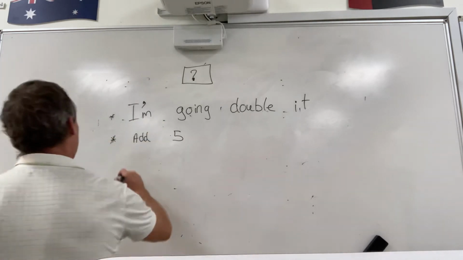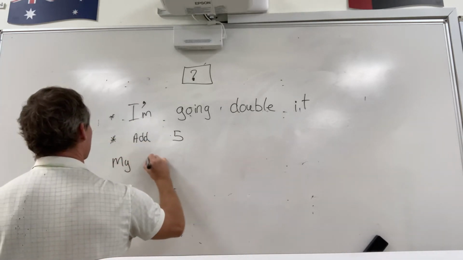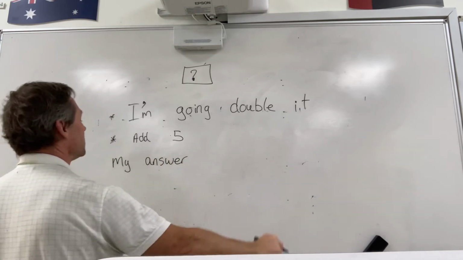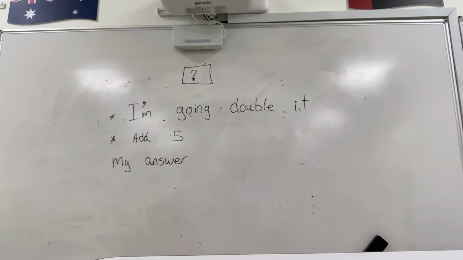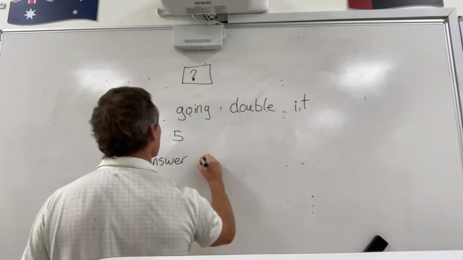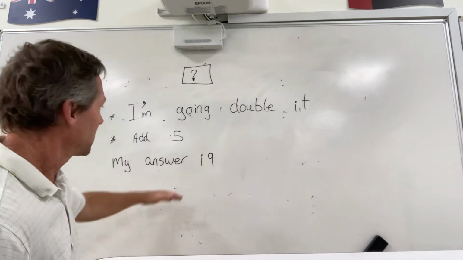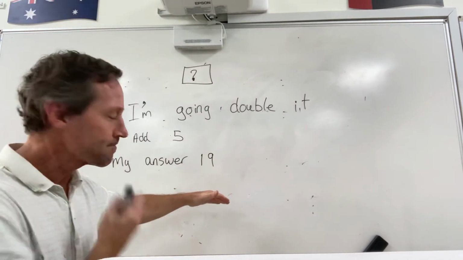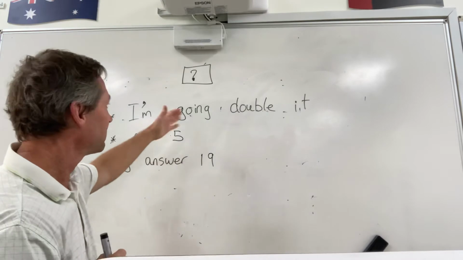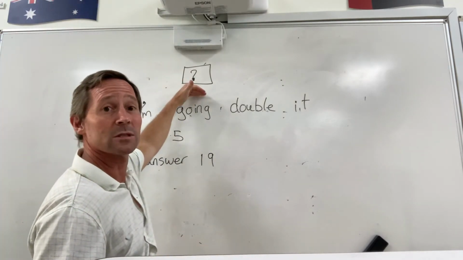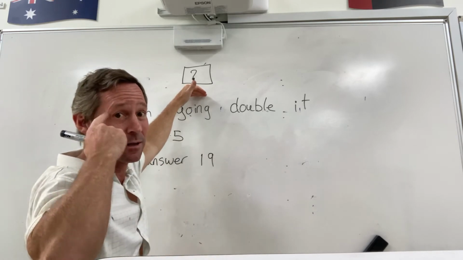And my answer is, what should my answer be? I know, it's going to be 19. So my answer is 19. I added 5 and I doubled it. What was my number I was thinking of?